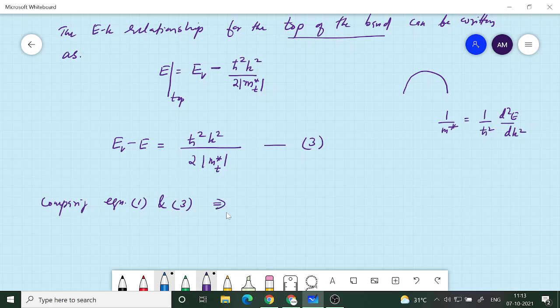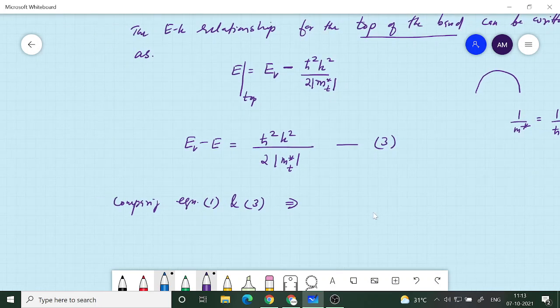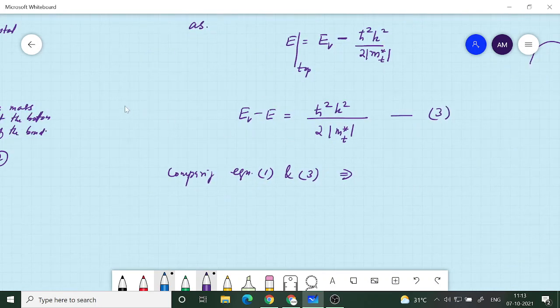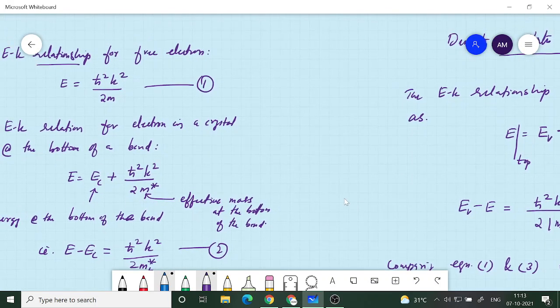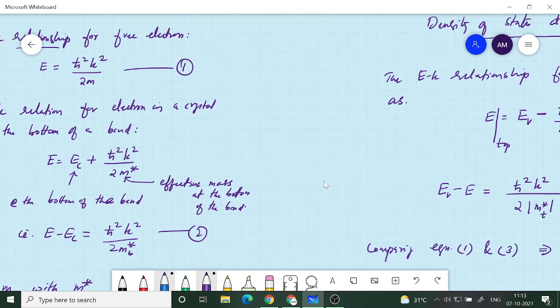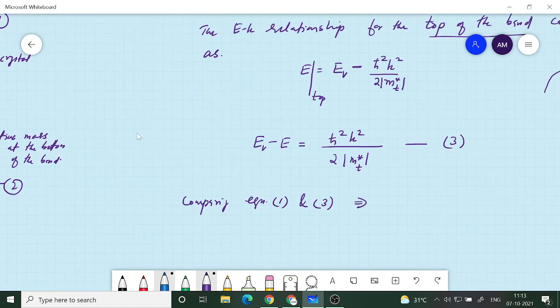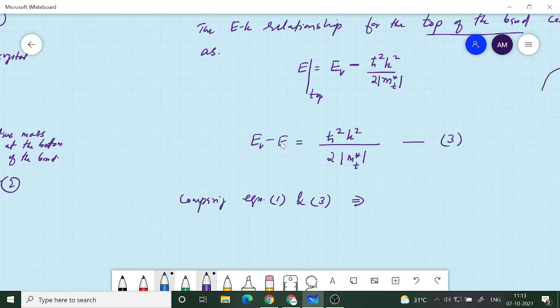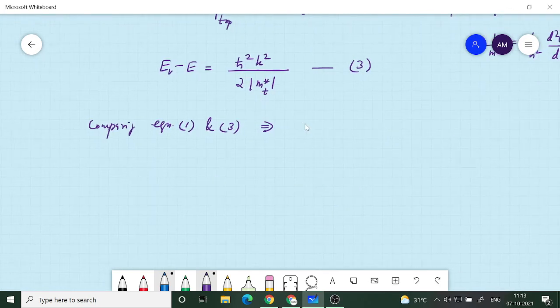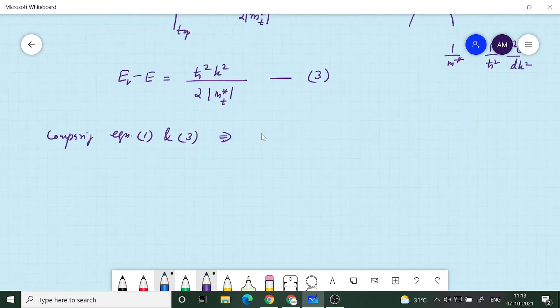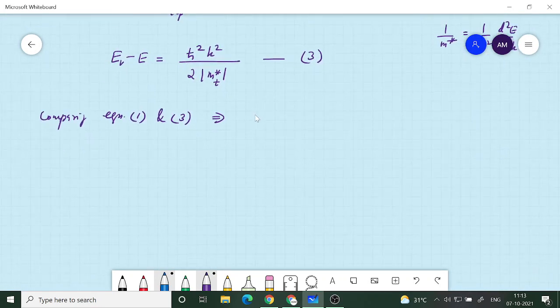what we can get is, 1 is this, E is equal to h cut square k square by 2m. If you replace E with EV minus E, and m with m star of the top, then I can get the density of states.